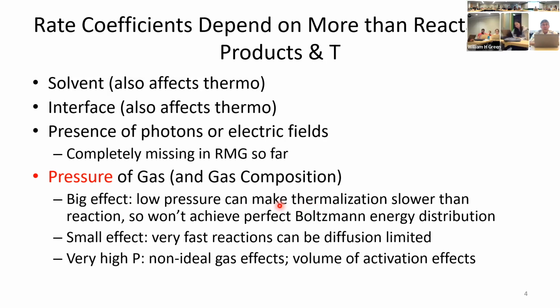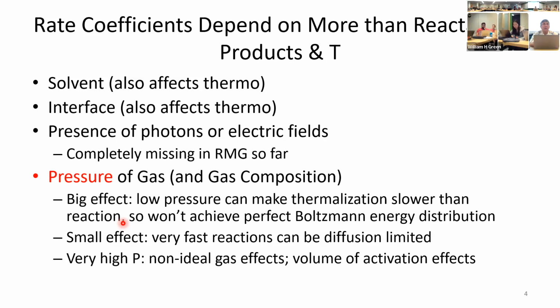And you can get the thermalization to be slower than a reaction. So if you have a fast reaction and a slow thermalization, the reaction can force the system to become non-Boltzmann, where the energy distributions of the species involved in that fast reaction no longer conform to the Boltzmann law of populations. That completely screws up all of the rate calculations.